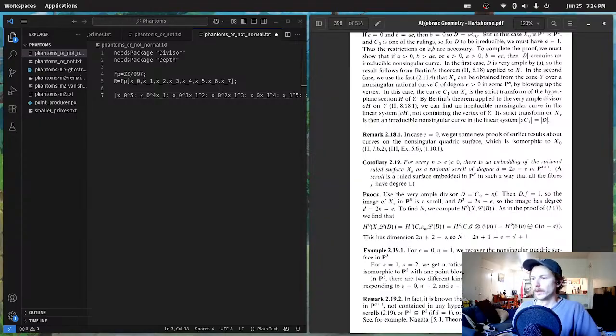Actually, I don't know. So what's the problem here? I've got a P1 bundle, which is the projectivization of O plus O4, and this is sitting over P1.